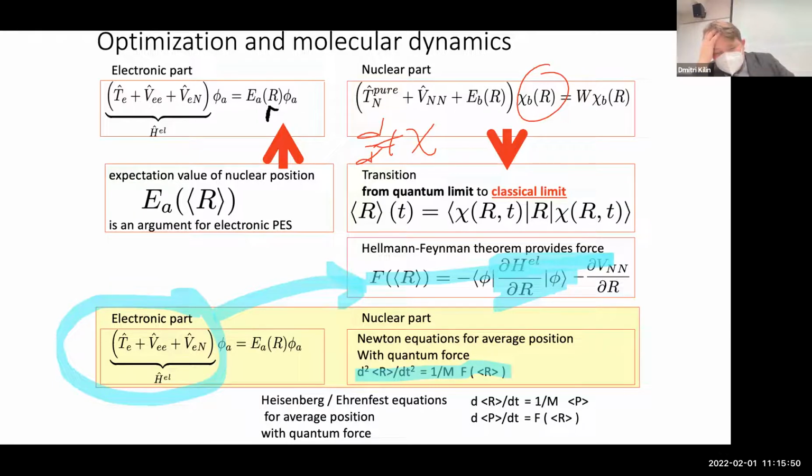The only difference is that instead of electrostatic repulsion of nuclei, there is an additional term to nuclei interaction that is borrowed from the electronic part. So from now on, we do have the Schrodinger equation for the electronic part and Newton's equation of motion for positions of nuclei.